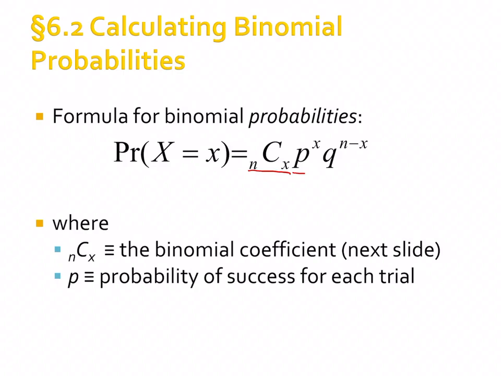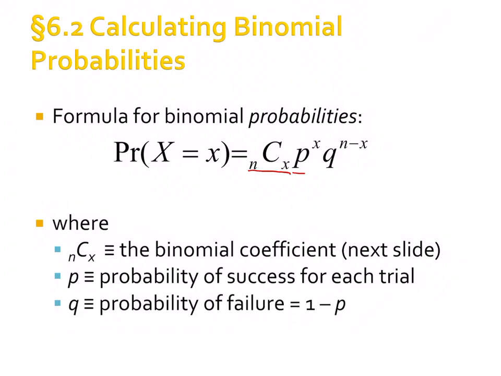We just talked about that. And q is the probability of failure, which is equal to 1 minus p. Remember, binomial probabilities have two outcomes, either a success or a failure. p is our probability of success and q is the failure, or 1 minus p, the complement. It's everything that isn't a success, it's a failure.